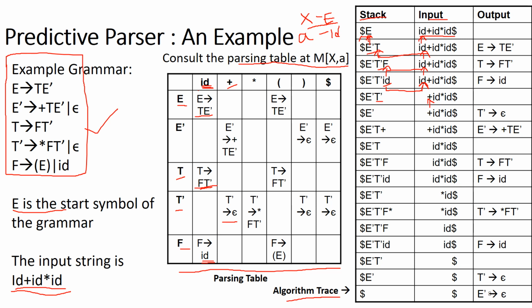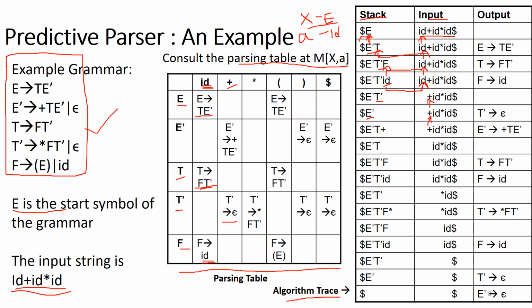T dash, which is the top of the stack, is replaced with epsilon, which is a null string, and therefore T dash is removed and nothing is kept in the stack, and therefore E dash becomes the top of the stack now. The current input symbol under consideration is still plus.